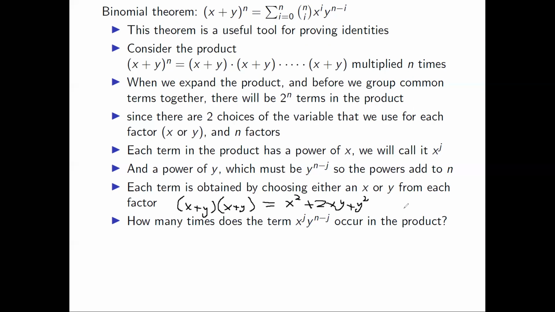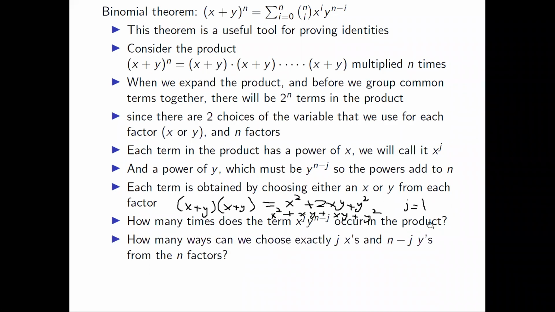So for example, when j equals 1, how many times does the term xy occur in the product? And when we write it out in expanded form, before collecting the common terms, it would be written out like this, if we order everything with the x's first and the y's second. So same thing. How many times does the xy term occur there?